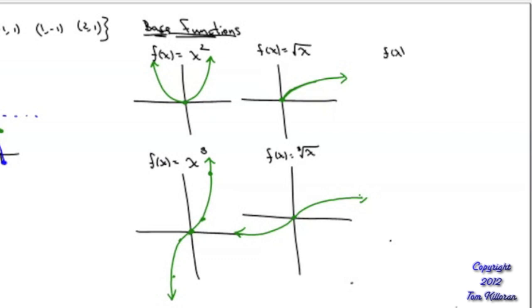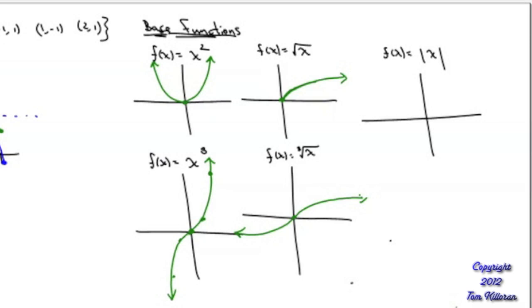F of x is equal to the absolute value of x. Probably the easiest one out of all of them. Absolute value makes things positive. If you just looked at y equals x, what kind of line is that? It has a slope of 1.